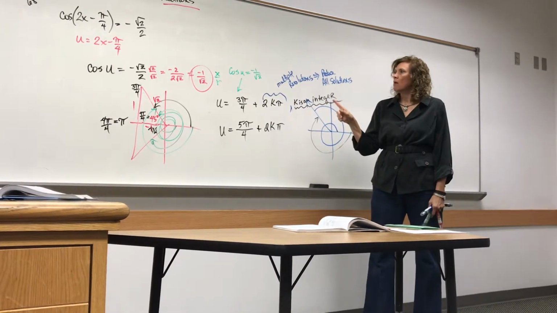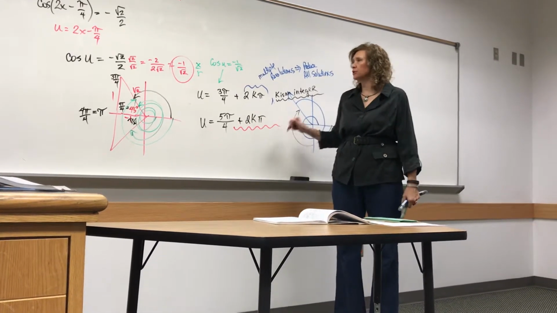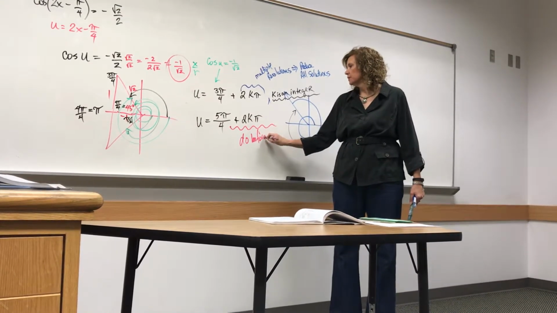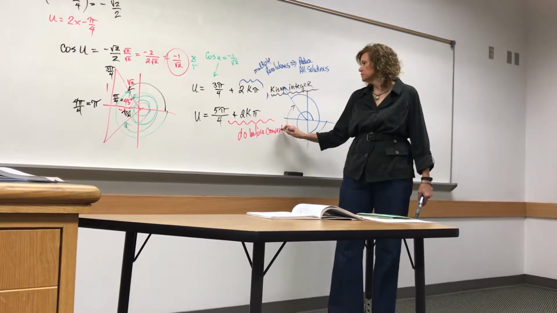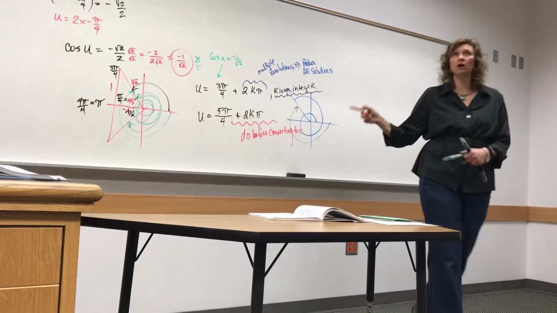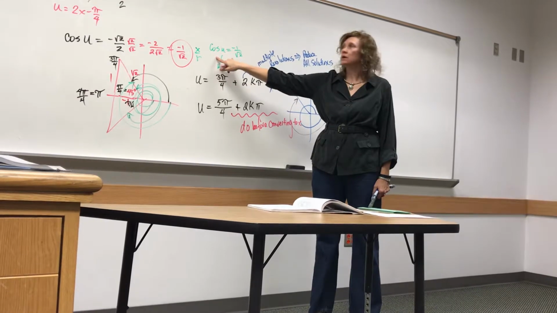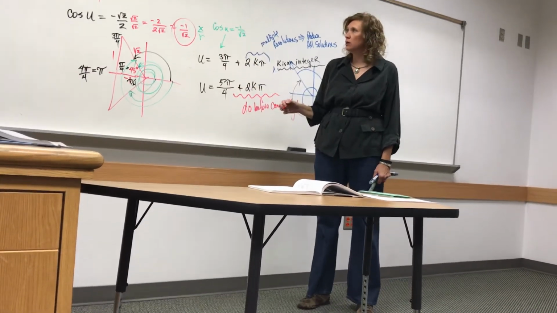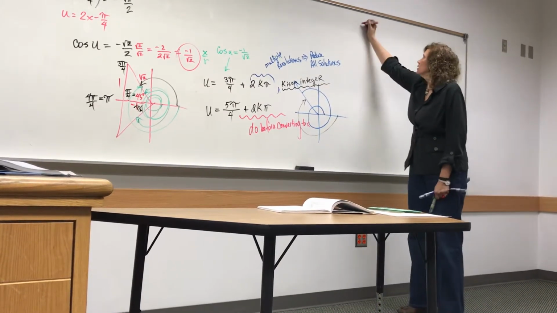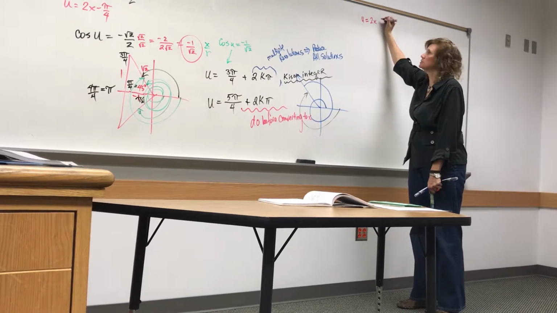It's very important that you do this before you converting back to x, because this picture is the picture of the angles that are going to solve this equation. Now we just have to take these 2 u equations and go backwards with respect to the red equation over there. u is equal to 2x minus pi over 4.